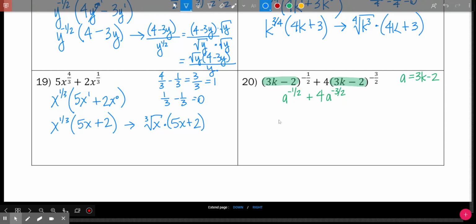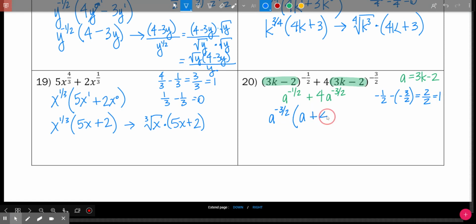So now you're going to factor out your smaller exponent. Well, between negative 1/2 and negative 3/2, negative 3/2 is my smaller exponent. So I have a, and it's negative 1/2 minus negative 3/2. Well, that's negative 1/2 plus 3/2. So that's 2/2, which is 1.